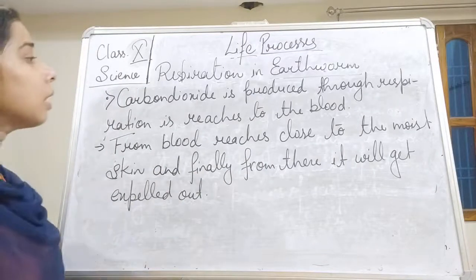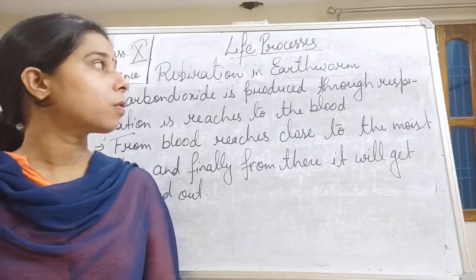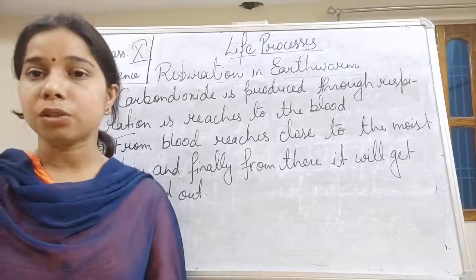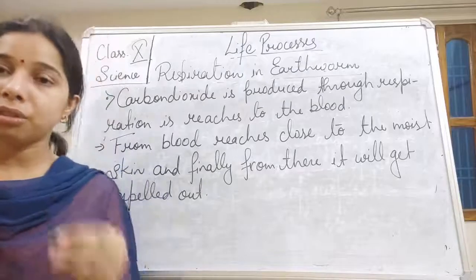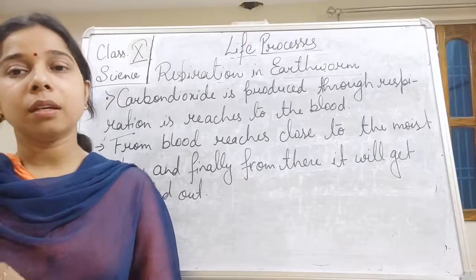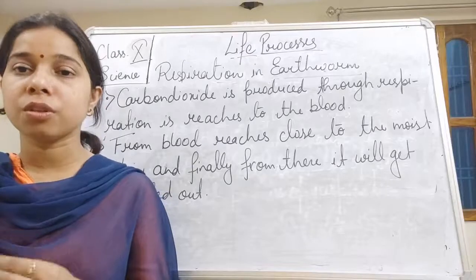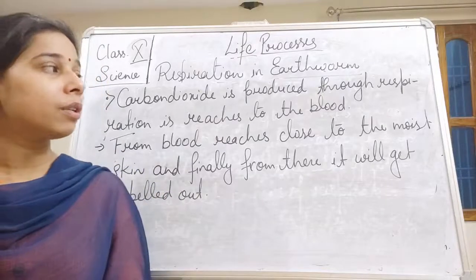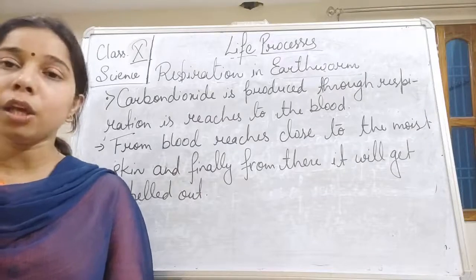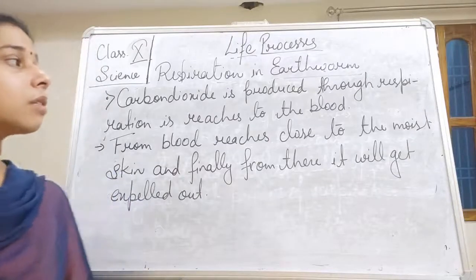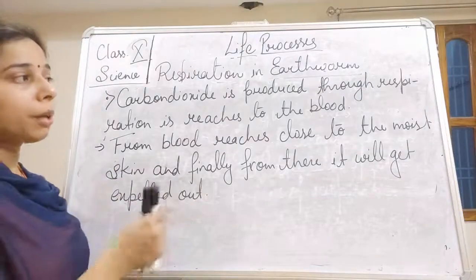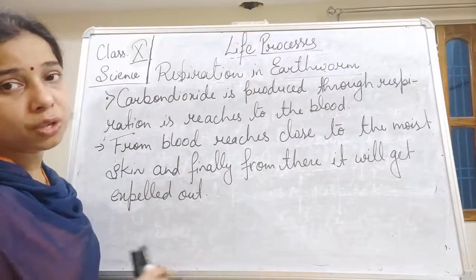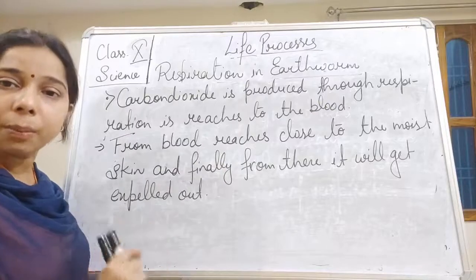Okay, so we can say here how respiration has taken place in the earthworm. The earthworm has moist skin. Through this moist skin, when the oxygen enters, as the skin has a good blood supply, from the skin this oxygen reaches the blood. Now with the help of the blood it reaches each and every cell of the body.